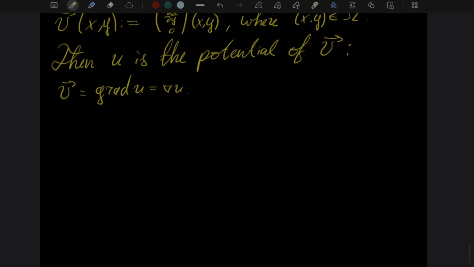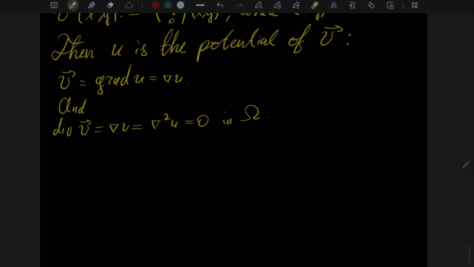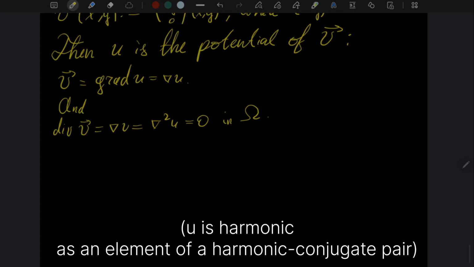And now let's look at the divergence of V. And as always, the divergence of a field that has a potential is zero, and hence V is called solenoidal.